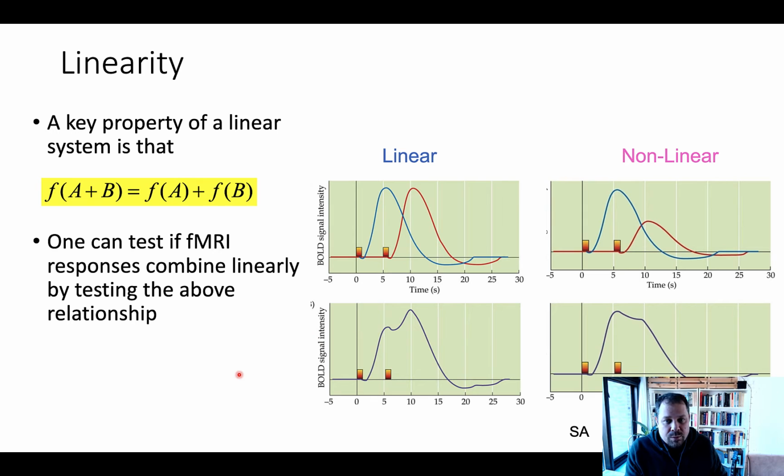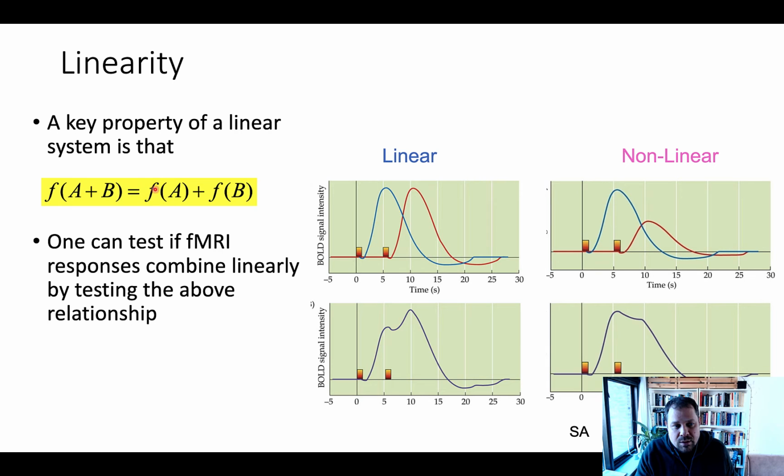So whether superposition occurs is crucial for analyzing fMRI data that is fast event-related. And the key property of a linear system is that the joint response shown down here should be, if it's linear, a simple addition of the response to a first event and the response to a second event.